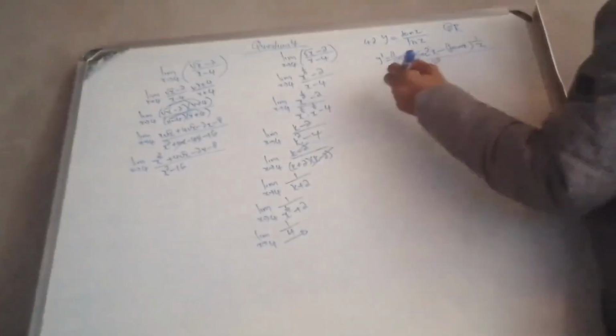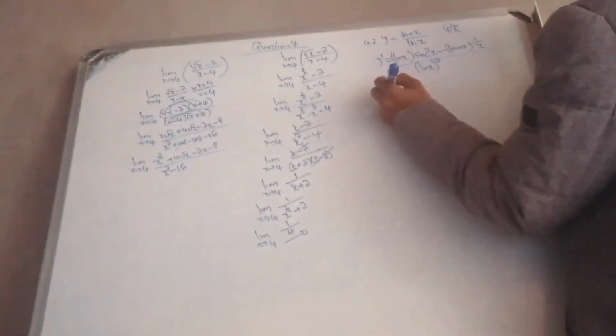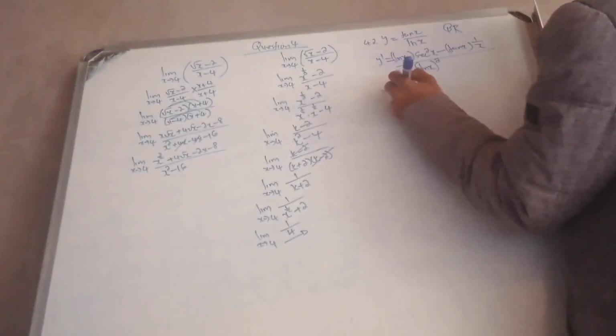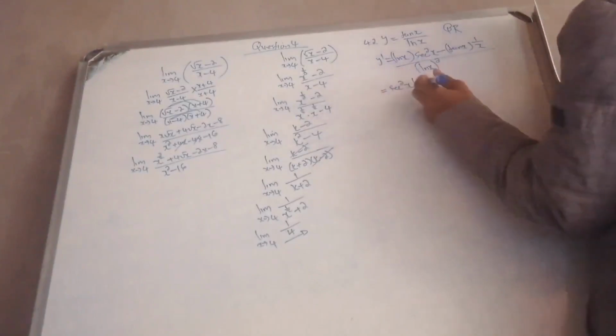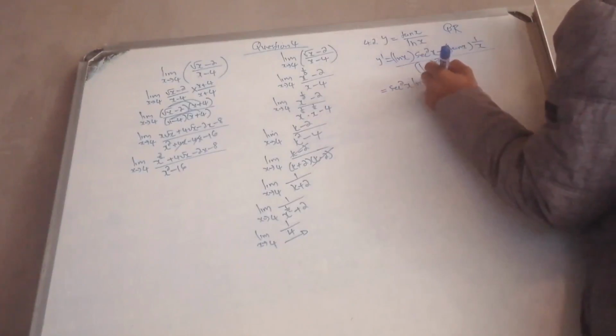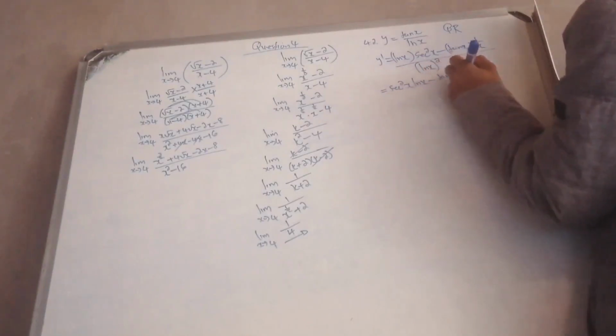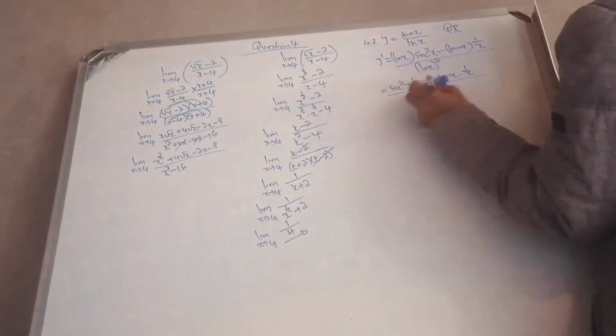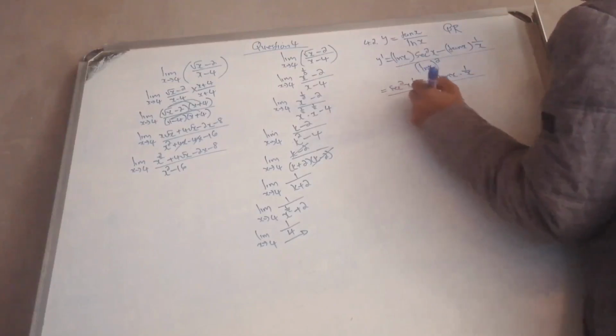So, can I go any further with this? I don't think so. I can just say sec squared x ln x minus tan x times 1 over x, divided by ln squared x.